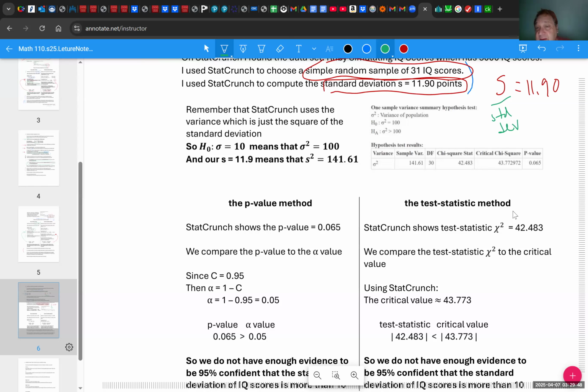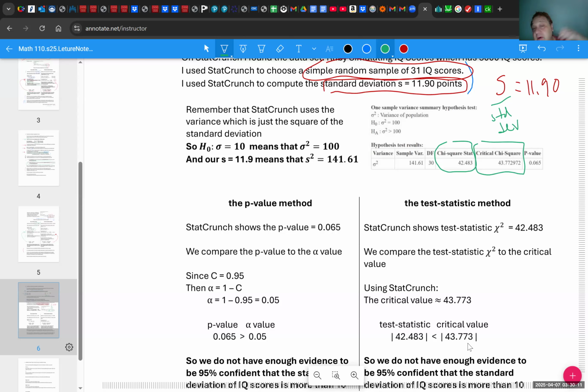The test statistic method, we are comparing the test statistic and the critical value. The test statistic is right here. The critical value is right here. We're seeing which one is bigger than the other. The test statistic is 42 and the critical value is 43. So the test statistic is less than the critical value.